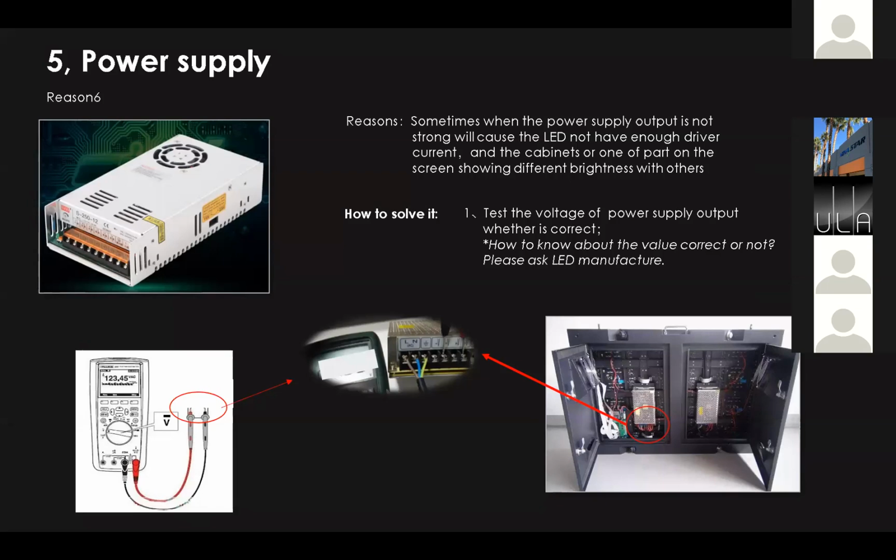And for the hardware part, sometimes the issue may not come from the control system part, such as the power supply. Check if the power supply is normal for our components. If not, we may need to replace it with another power unit.